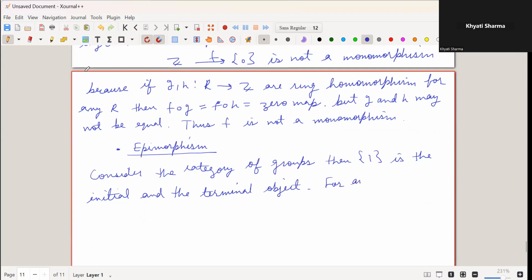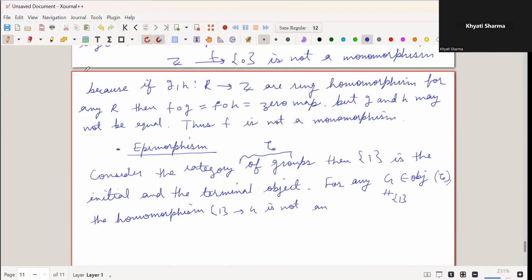And for any G belonging to the objects of this category, call it C, the homomorphism from the identity group to G, with G not equal to identity, is not an epimorphism, right?